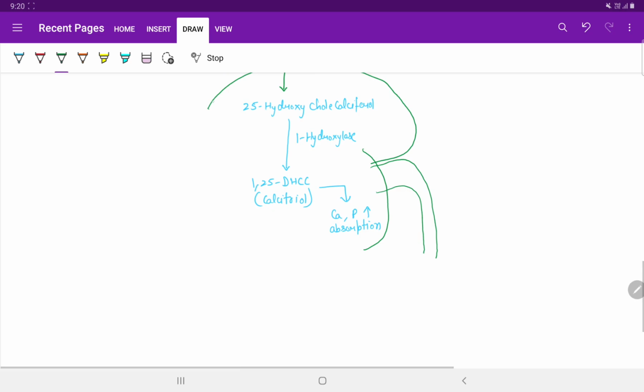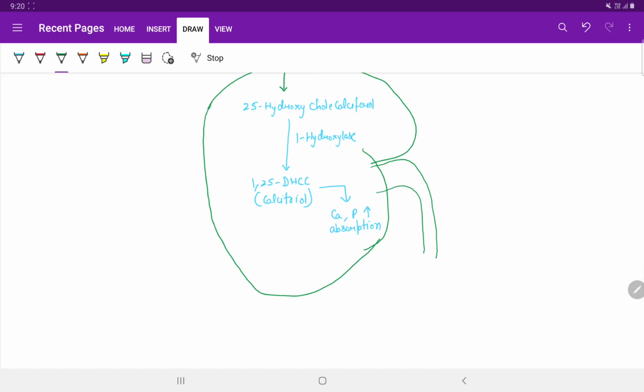So students, I am drawing here a rough diagram of the kidney, so you can easily remember where these reactions occur, and moreover there is an activator action of PTH and low phosphates. So they act as an activator for this reaction, and this reaction occurs in the kidney.